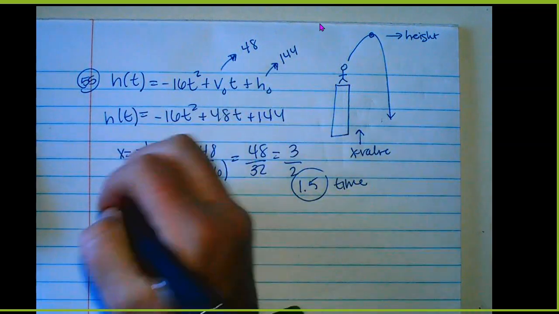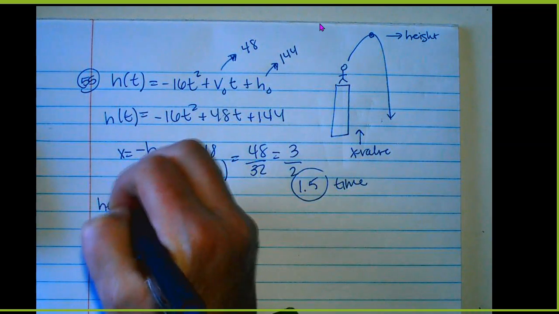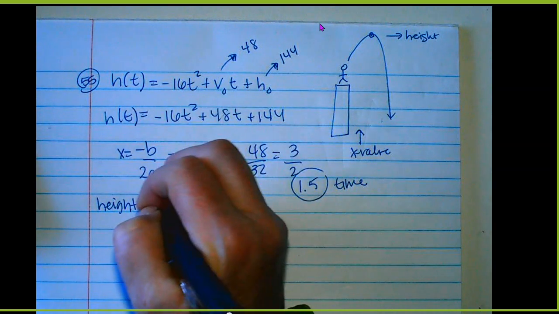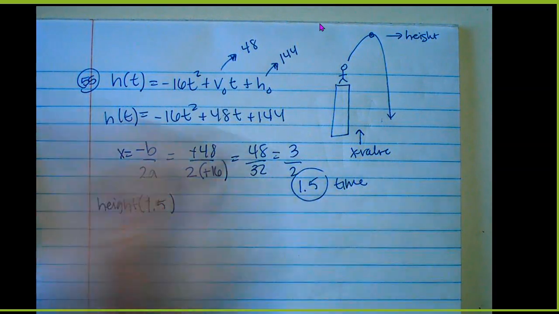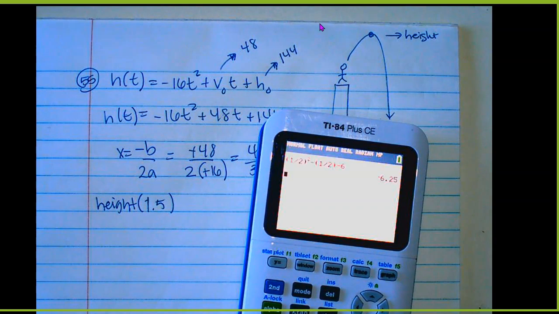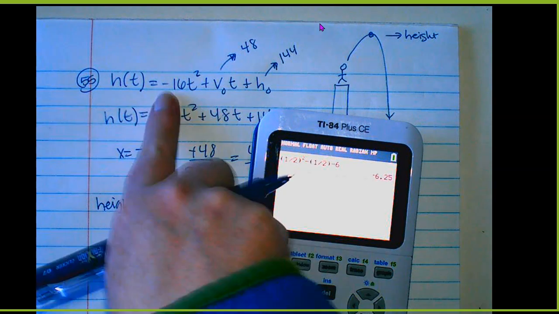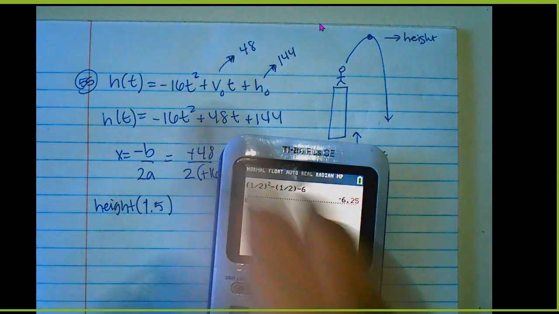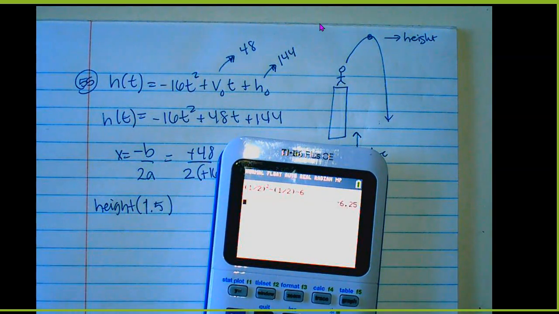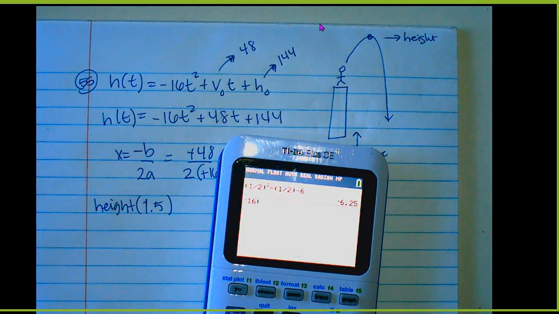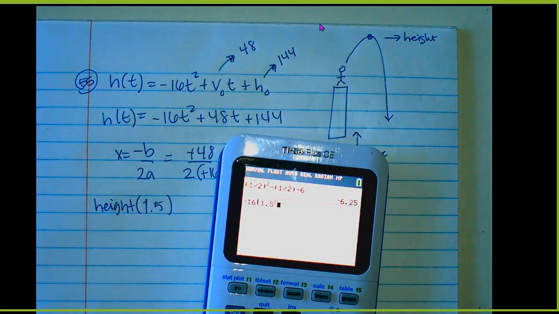So now we can find the height, because this is called the height function. That's why they named it h. If we put 1.5 into our calculator, and I'm totally fine with y'all using your calculator in these cases, I would type in this equation just like this. So I'd say negative 16 parentheses 1.5 squared.